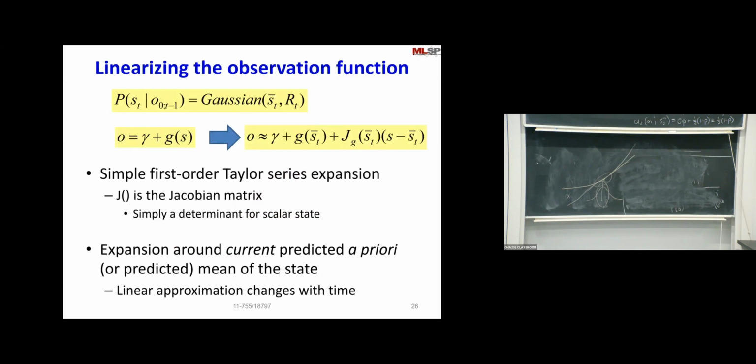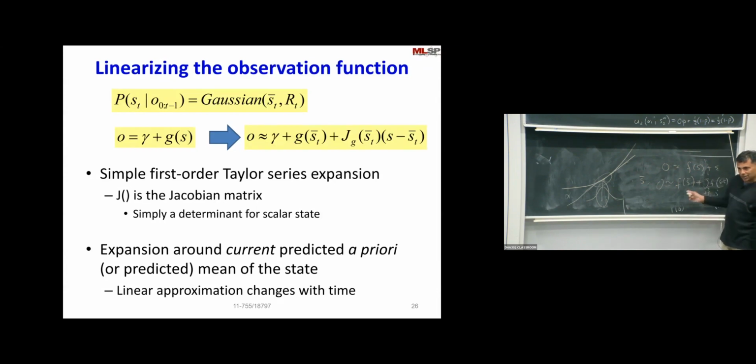So if I have a function O equals some f of s plus epsilon, then if I want to linearize around some point s bar, I'm going to say O is approximated as f of s bar plus the Jacobian of f with respect to s, times s minus s bar, plus epsilon.